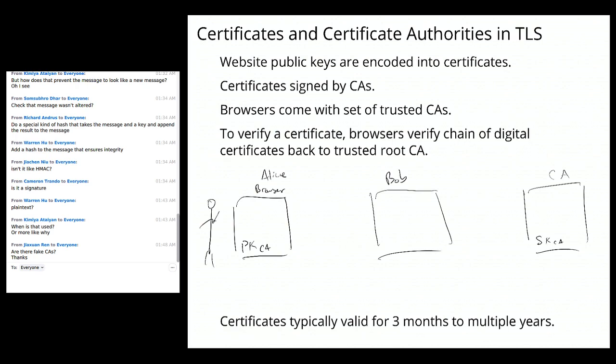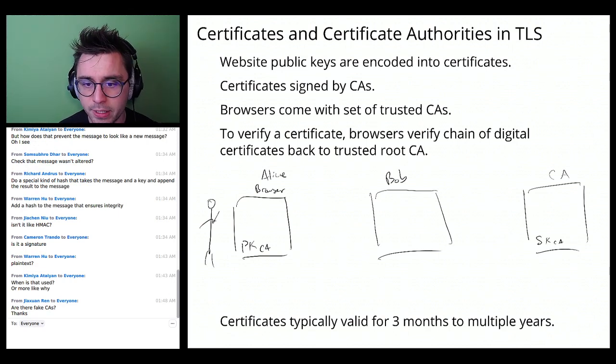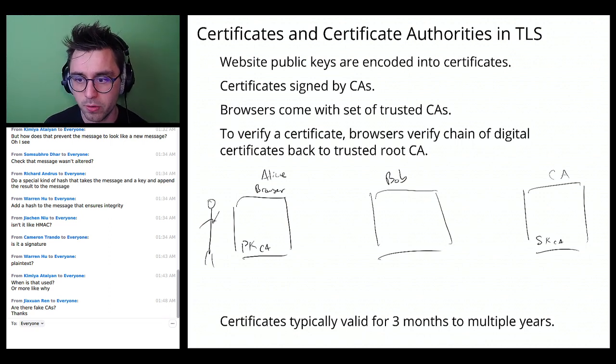Okay, then how does Bob, let's say, as an owner of NSA.gov, actually get a certificate to present to the browser when Alice makes a request, right?